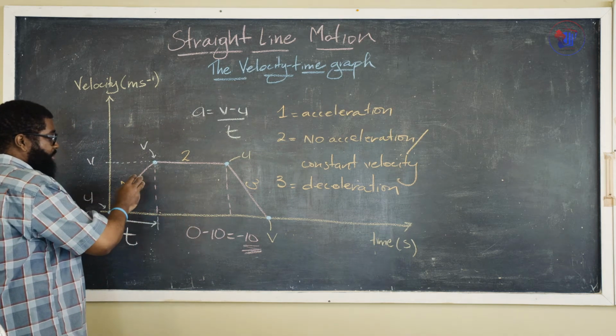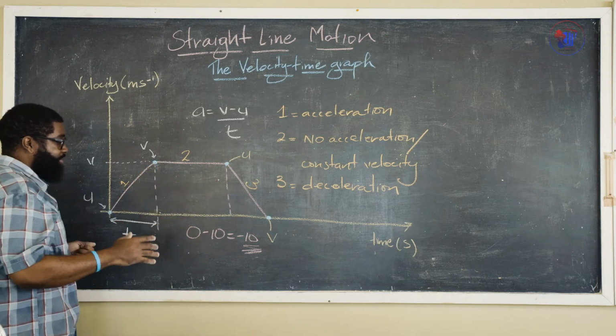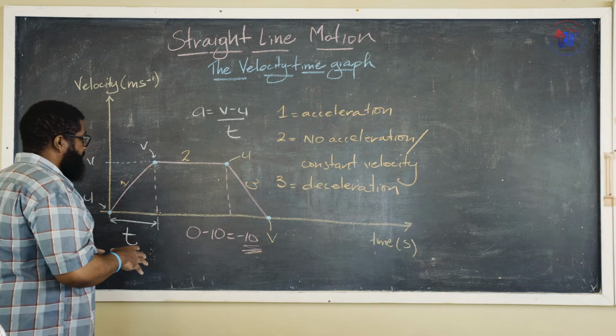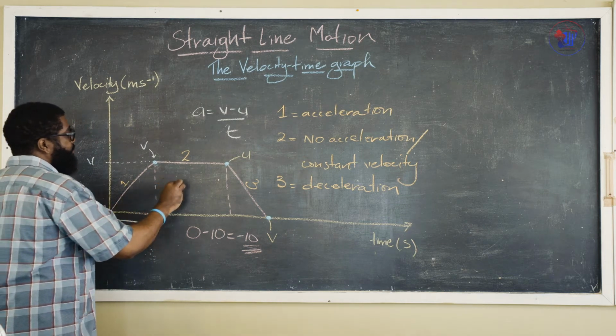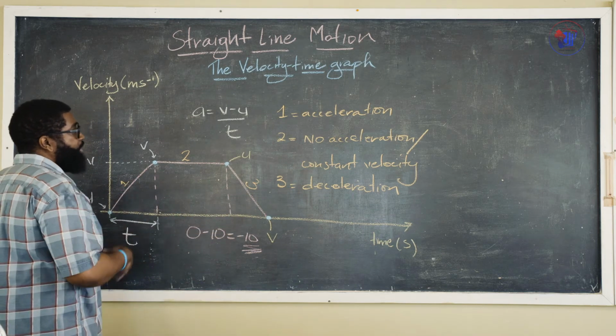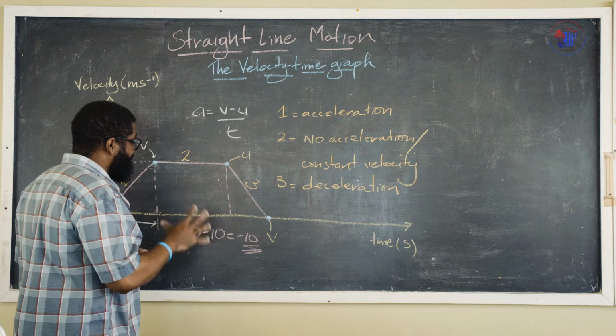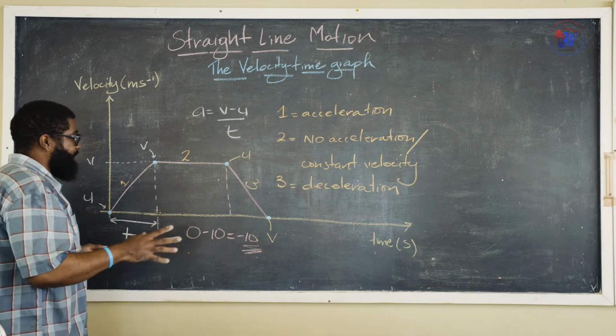Now, I like breaking my graph up into these 3 portions for this reason. You can find the area under the graph by finding the area of this triangle, this rectangle, and this triangle, and you can add them up, or you can simply find the area of a trapezium. Okay, now the formula might appear difficult, but it's not.